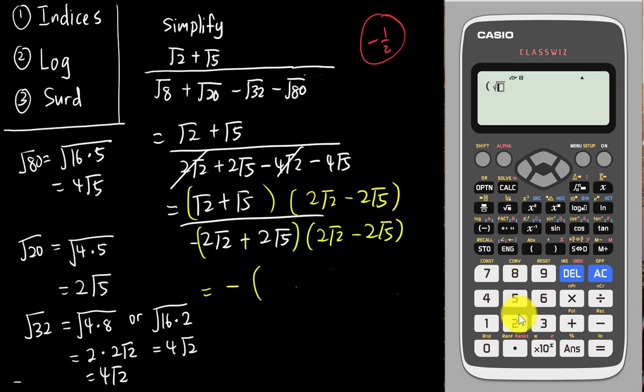So sub 2 plus, press the next button, plus sub 5, next button, and then multiply 2 sub 2 minus 2 sub 5. Then the calculator should be able to tell you it's negative 6. But I would recommend you to do some working. Use the calculator for checking is always better.